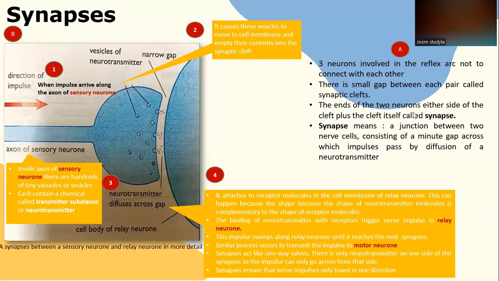The ends of the 2 neurons on either side of the cleft, plus the cleft itself, are called a synapse. A synapse is a junction between 2 nerve cells consisting of a minute gap across which impulses pass by diffusion of a neurotransmitter. You can see this from this diagram.